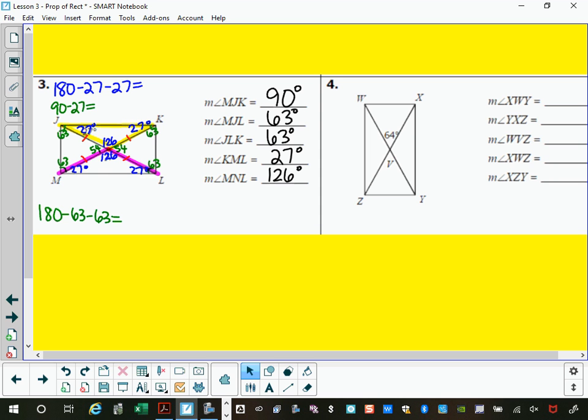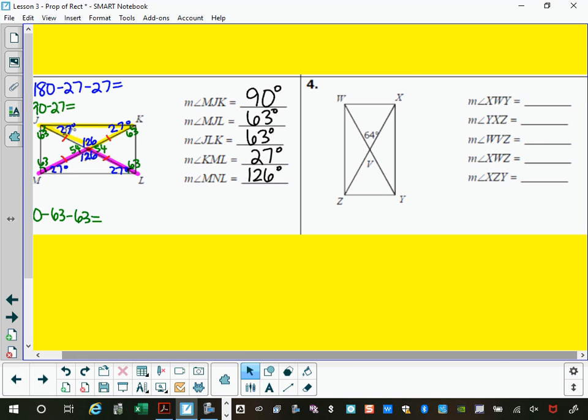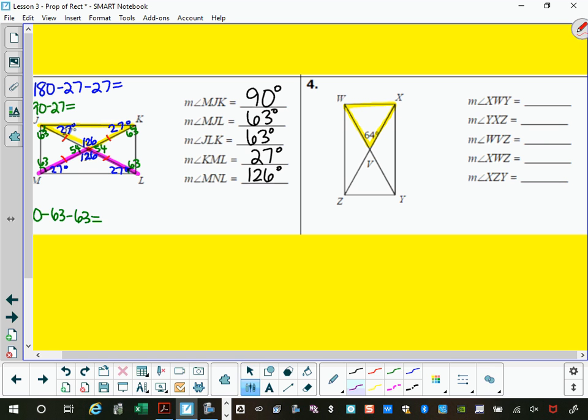All right, I want you guys to take 2 minutes and do number 4. I'll get you started. Start with the triangle, start with whatever they give you. They gave me 64 as the vertex angle. I know all these sides have to be congruent. My base angles have to be congruent.